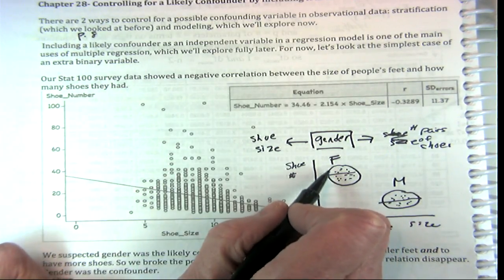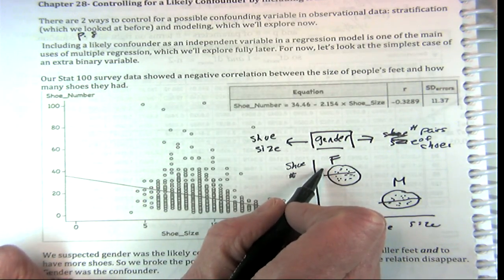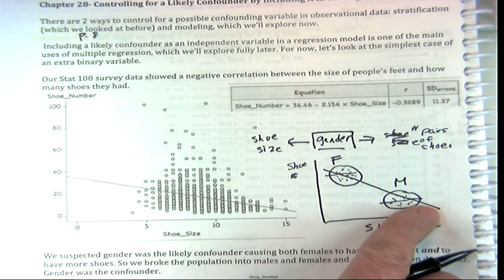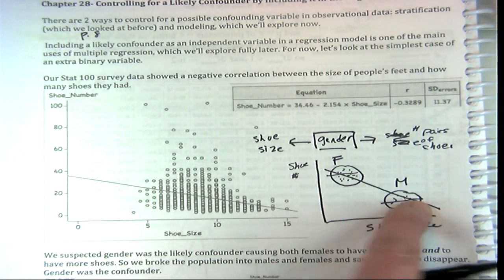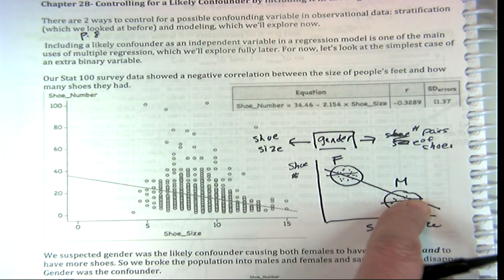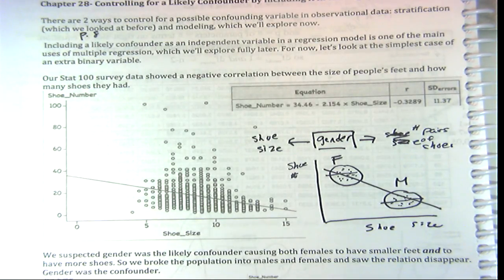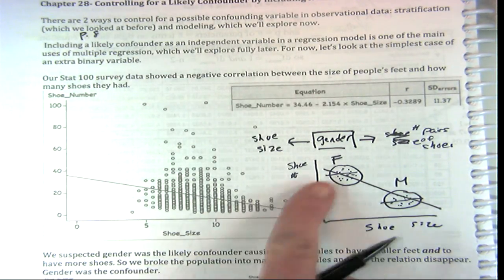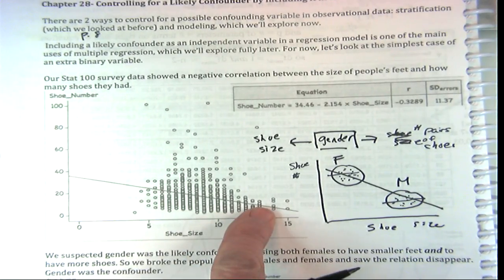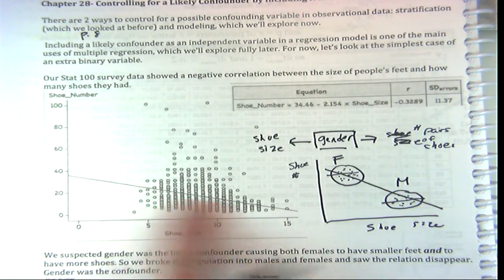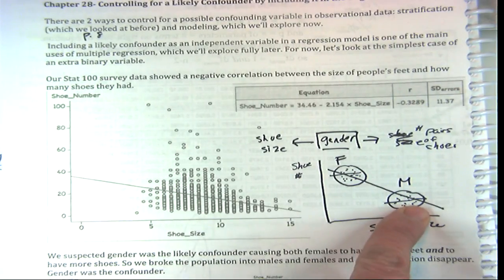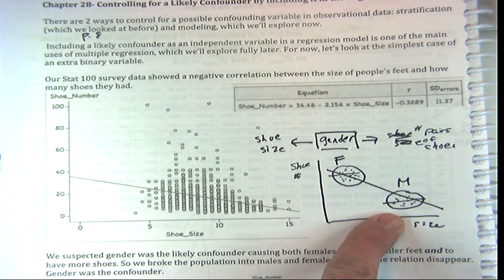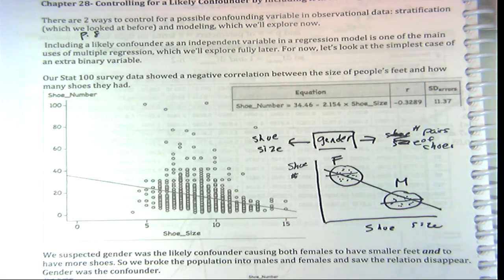The regression equation sees them as basically two clumps and fits a negative correlation, which isn't true for anybody. That's why it's confounded. Confounded means mixed up, bogus. If you just look at this, you think there's some kind of relationship when really there isn't at all. There's no causal relationship. Does that make sense? All right.